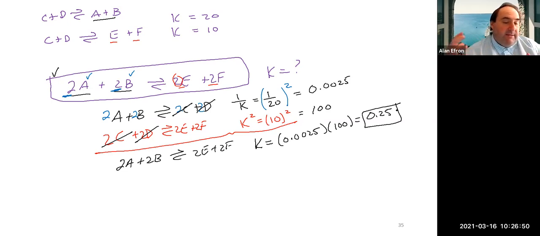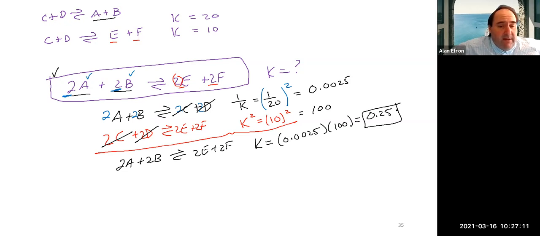This would be a similar type of problem where you're given individual reactions with their K values, and you have to manipulate them. So you want to keep in mind how the equilibrium constants are changed as you multiply by a common number, divide by a common number, or reverse the reaction.